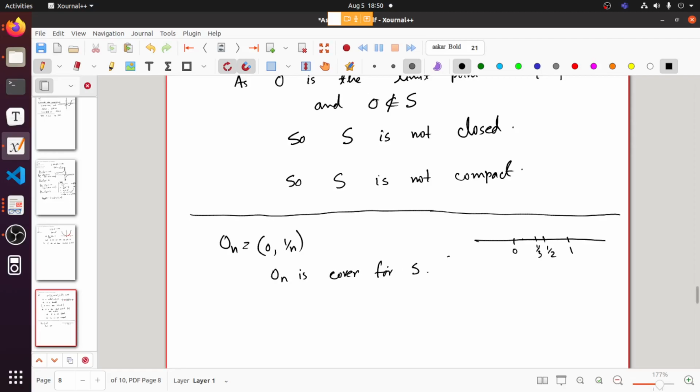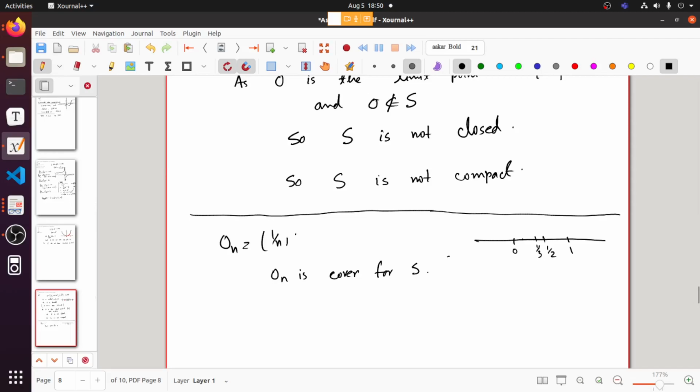O n is a cover for S. Does it have a finite subcover? In S it does not have, right? Sorry, I have missed it. Just take the other way.